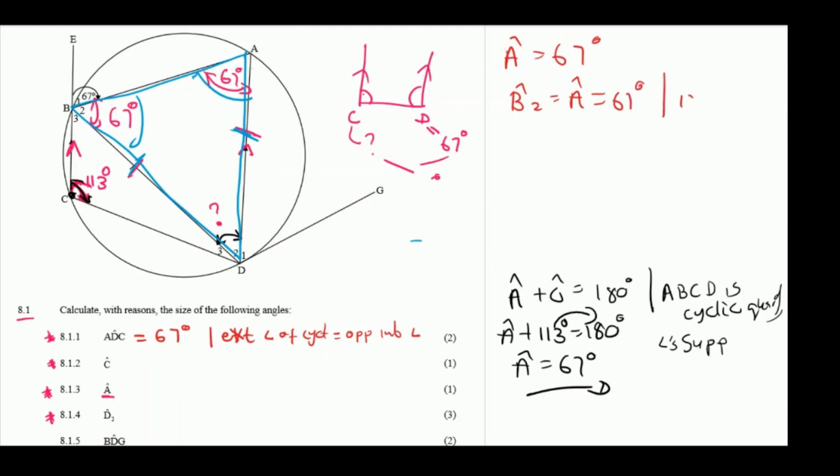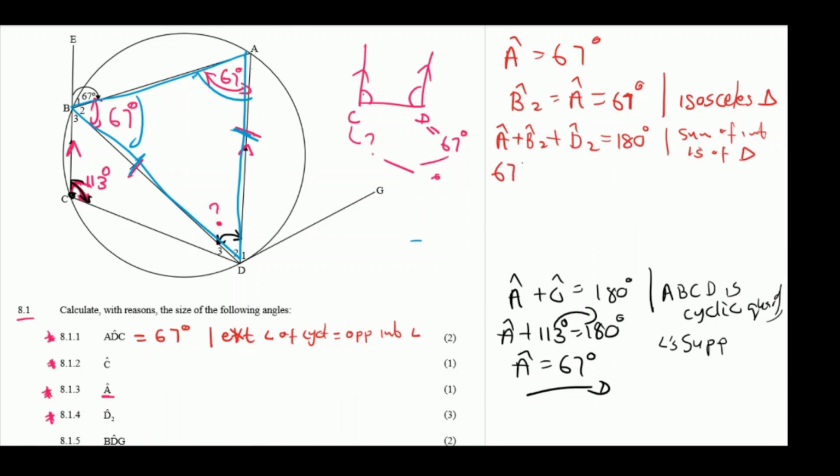So you just say isosceles triangle. So it's 67, and then you can simply say angle A plus angle B2 plus angle D2 is equal to 180 degrees. So it's the sum of interior angles of a triangle, right?